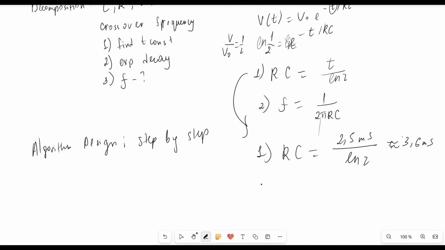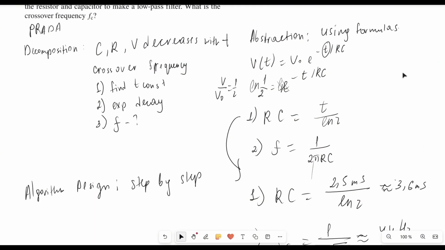After that we can easily find our frequency: 1 over 2 pi RC. It's approximately 44 Hz.